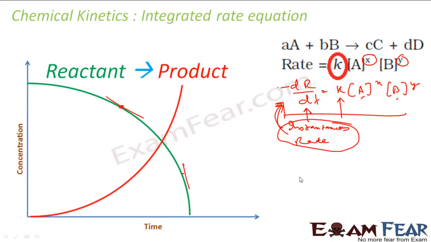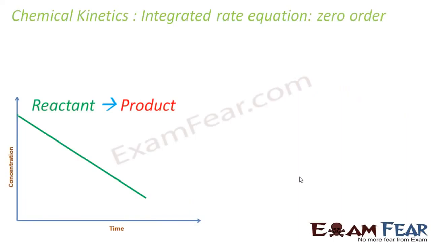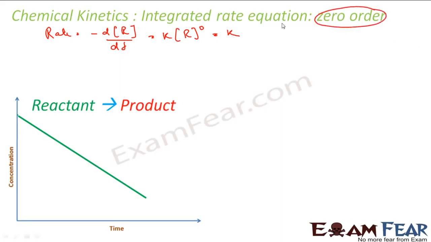We'll do this for zeroth and first order only. Let's do this for the zero order equation. Let's suppose this is a zero order reaction, reactant going to product. My rate here is nothing but minus d[R]/dt. That is nothing but k into reactant to the power 0, and that is nothing but k, because it is a zero order equation.